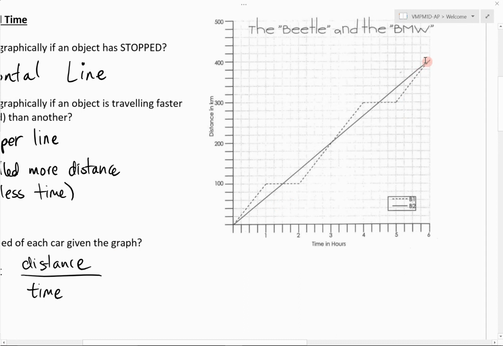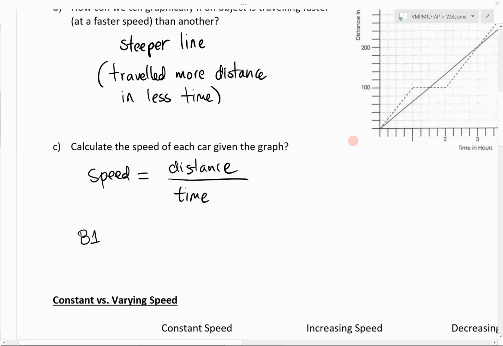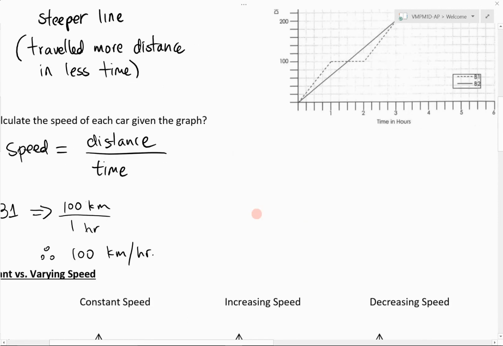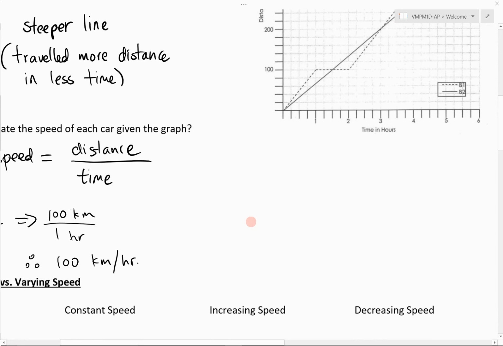Just looking at the first section here, 100 kilometers in 1 hour. Its speed is 100 kilometers divided by 1 hour. So therefore, 100 kilometers per hour.